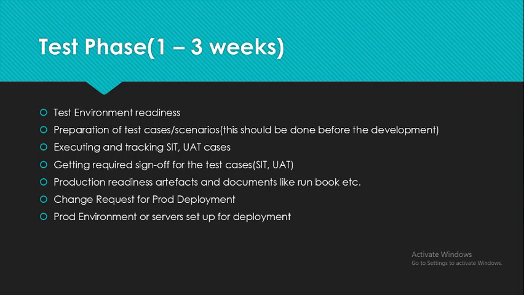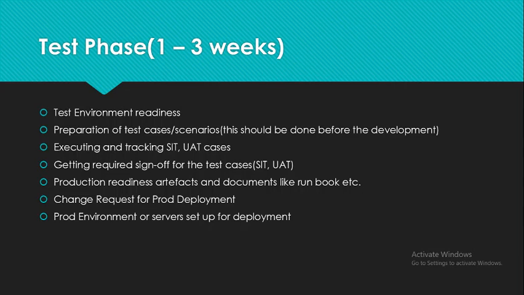And also you'll have to raise a change request for the code to be deployed into the production environment. And it is also your responsibility to set up the production environment for the deployment.